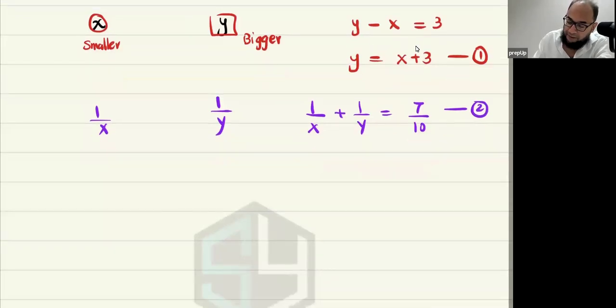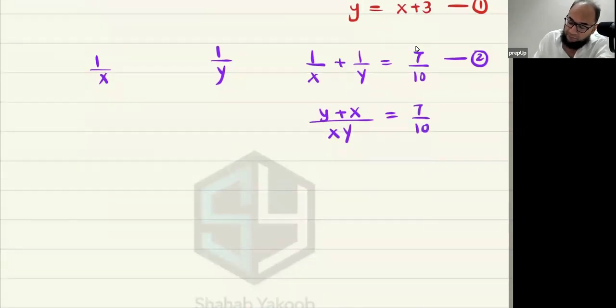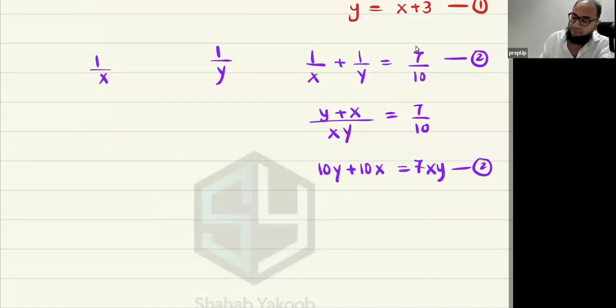Let's simplify. The LCM is xy, and this is y plus x over xy equals 7 over 10. Cross multiply. 10y plus 10x is equal to 7xy. That is equation number 2, refined.